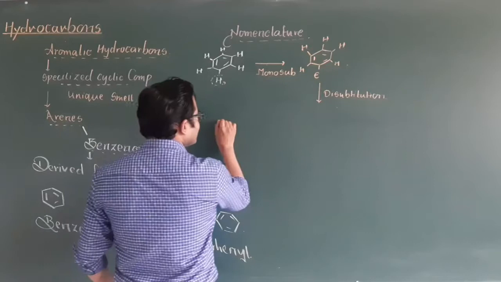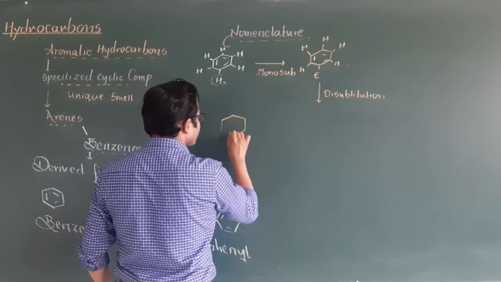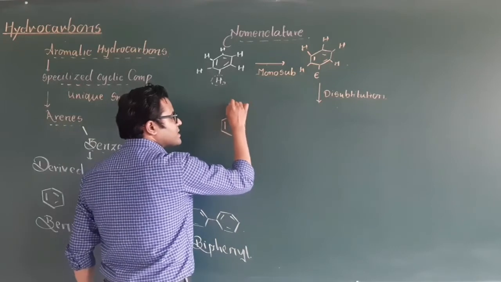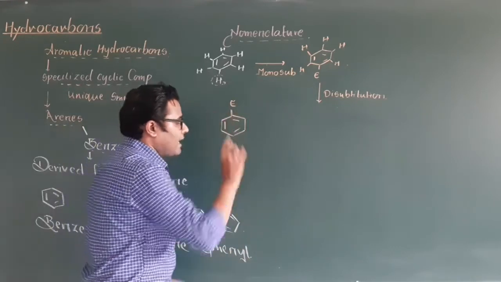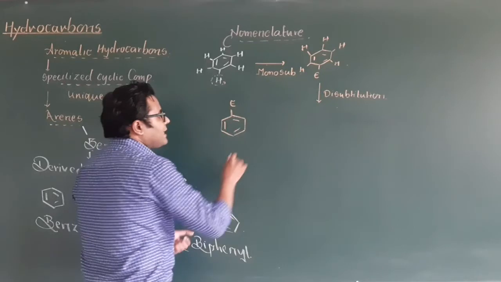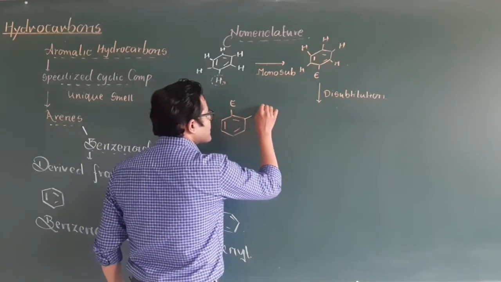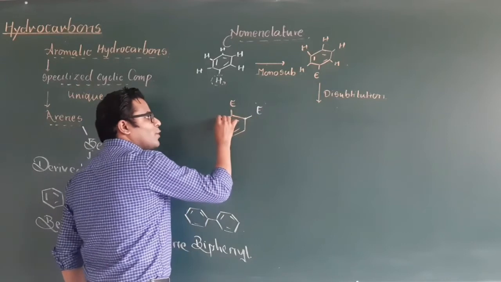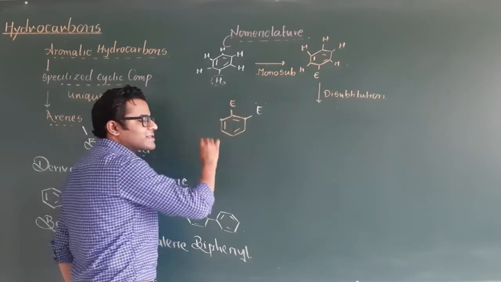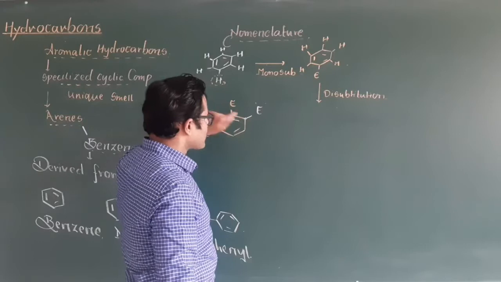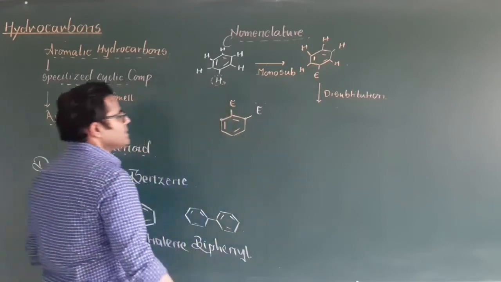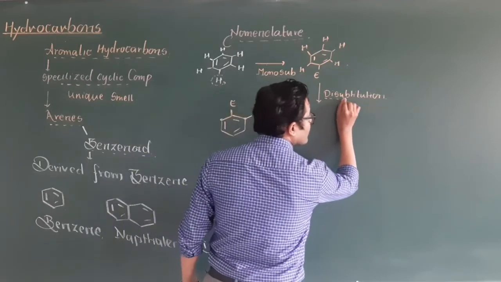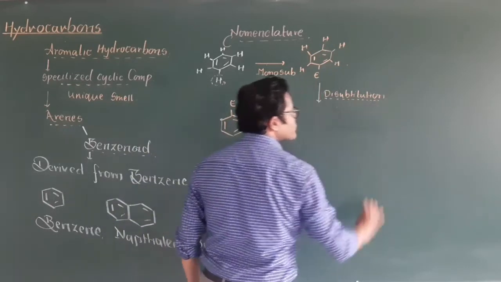So either it is going to be, let's say, this position which has been substituted by our electrophile, and the other position that is going to be substituted, let's take this. This particular position we call ortho. The position adjacent to the first substitution is called an ortho position, right? So this is the first type of product we observe upon disubstitution.